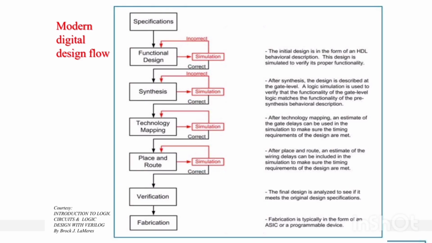Once the simulation is correct, we move on to the next step, which is verification, where we analyze the final design to see whether it meets the original design specifications. And the seventh and final step is fabrication. In this step, the design is implemented in the required platform, maybe an ASIC or programmable platform.